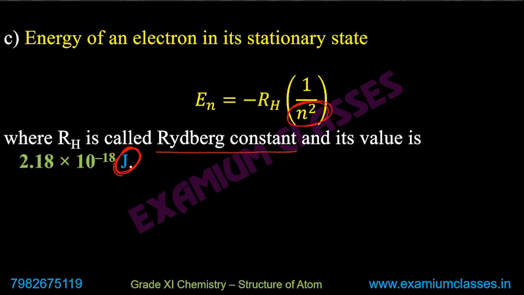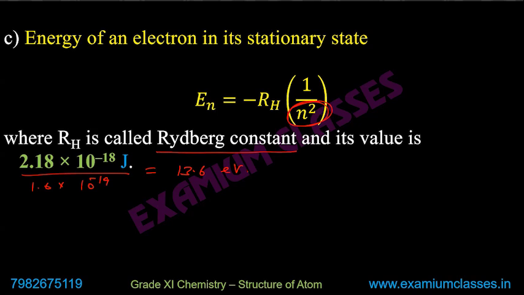In electron volts, it is 13.6. Yes, in electron volt it is 13.6. In joules, you can convert it into electron volt by dividing by 1.6 into 10 to the power minus 19. It will be 13.6 electron volts. So it depends what units you are using.